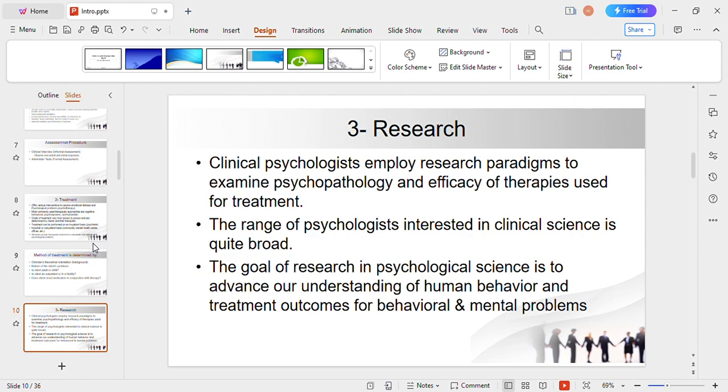Again, research. While my topic is DSM-5-TR changes, the research-oriented points are still very important. It is a key activity of clinical psychologists to have expertise in research, because if a psychologist does not have good research skills, he cannot be aware of the advanced therapies, the efficacy of treatment, and what the latest trends are.